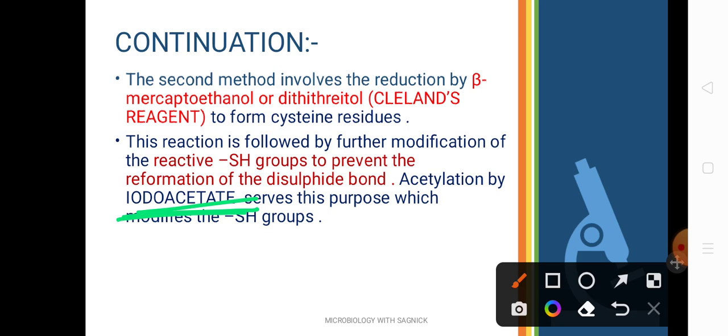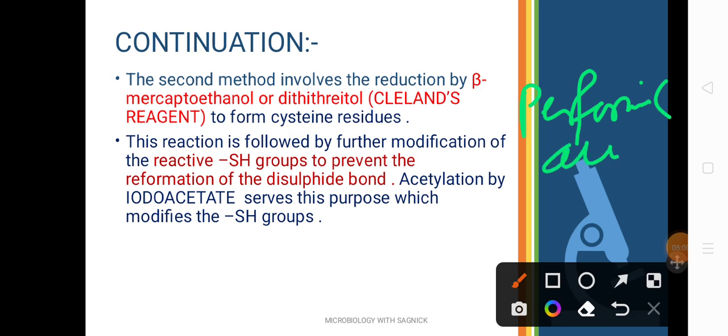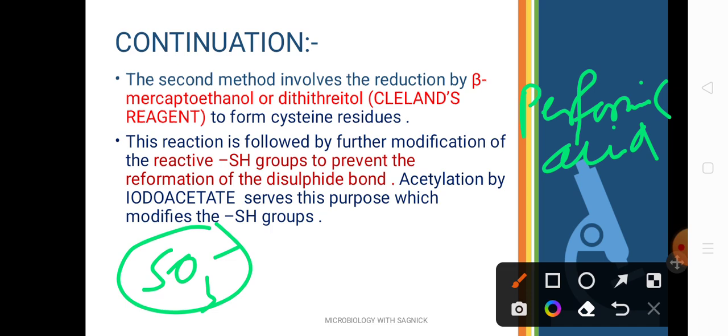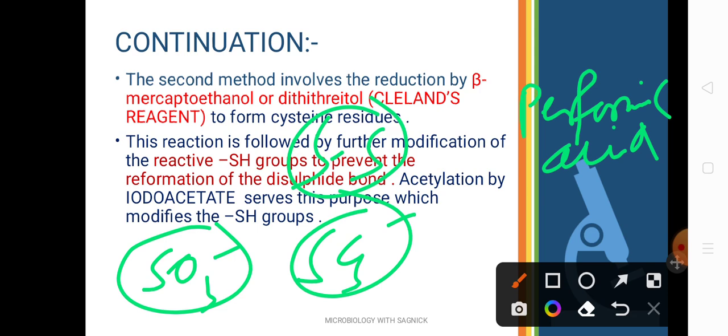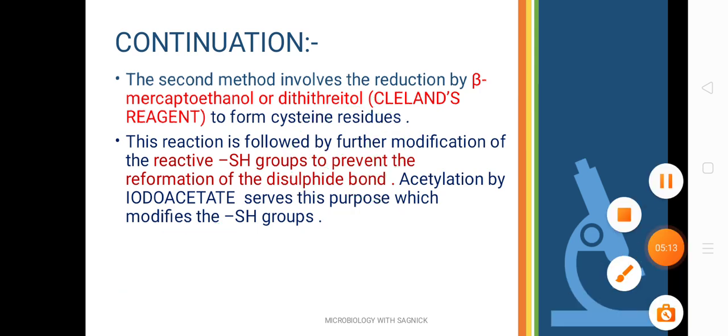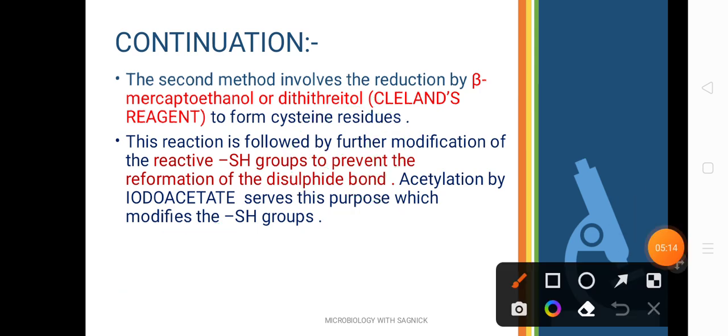So that is the idea of how you can break the disulfide bond. Two processes: one is oxidation, which is a one and only step. You add performic acid and it will give you two cysteic acid with SO3 minus groups, and SO3 minus groups together cannot form a disulfide bond, so you are okay with it. But when we are using reduction, for example beta mercaptoethanol or dithiothreitol, it will only convert them into cysteine with SH side chain.